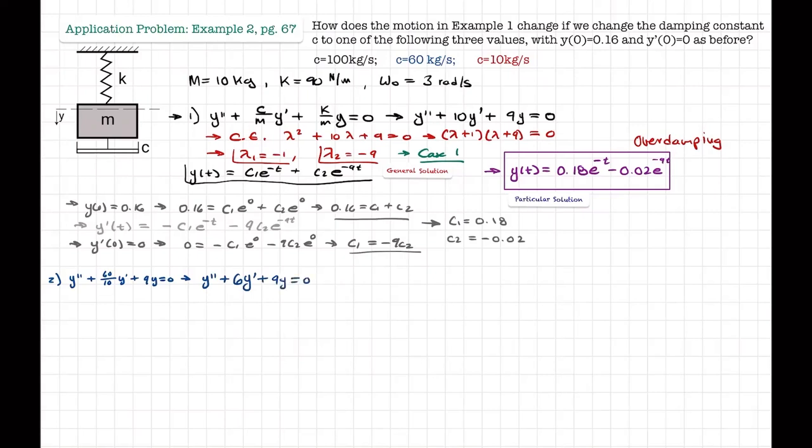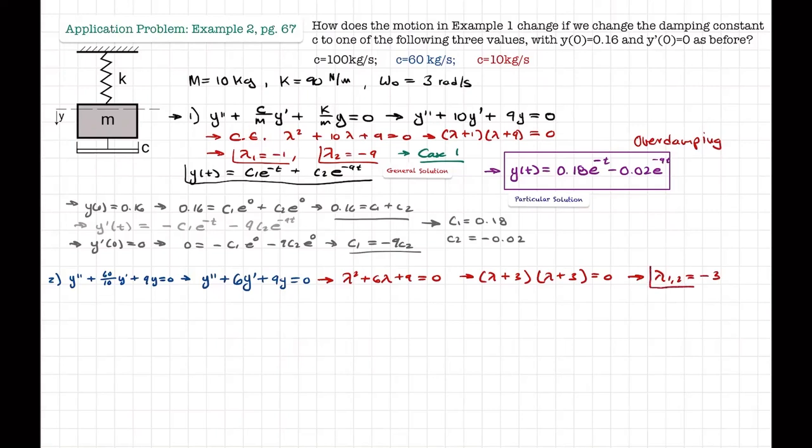We know how to solve this one. Characteristic equation: lambda squared plus 6 lambda plus 9 equals 0. This can be factored into lambda plus 3 times lambda plus 3 equals 0. Because of this, lambda 1 and 2 both equal negative 3.